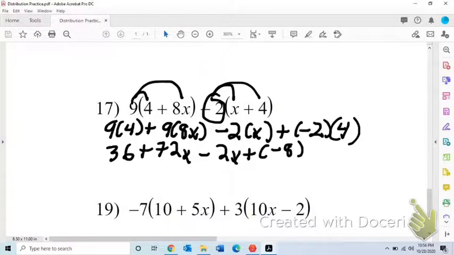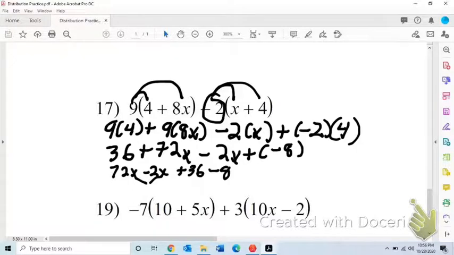So now what we need to do is combine like terms. And what that means is we need to put together our integers and we need to put together our variable terms. What sometimes helps me is to write everything out and move everything around to where everything's together.